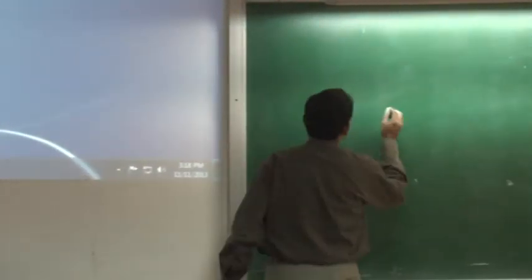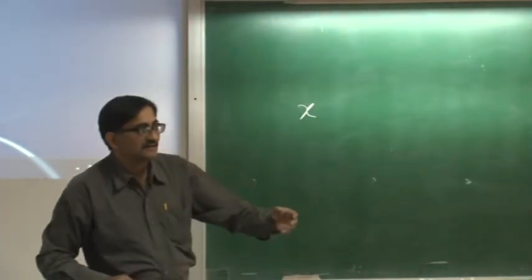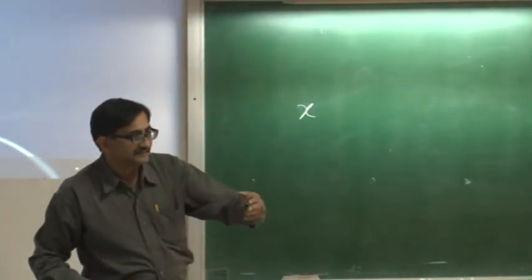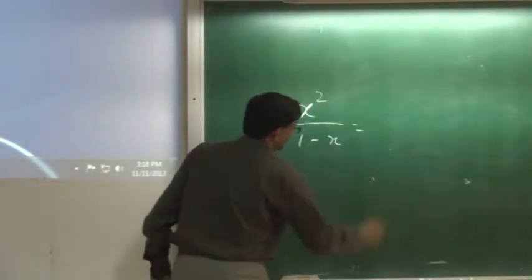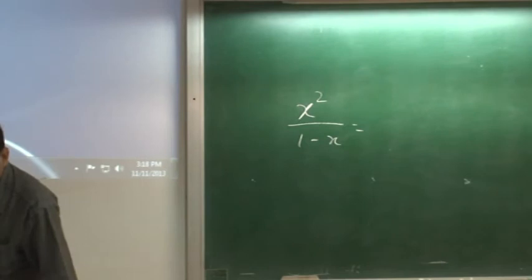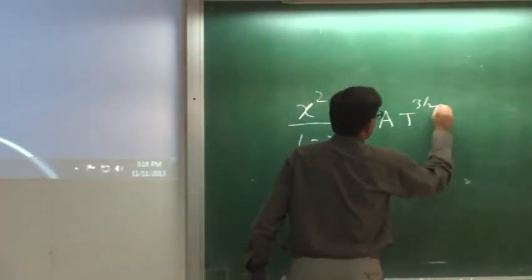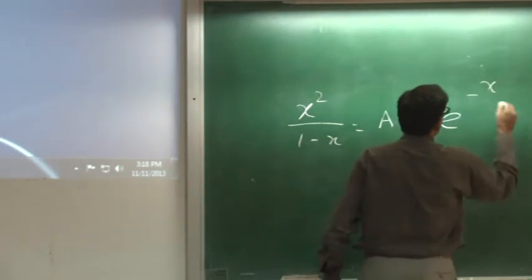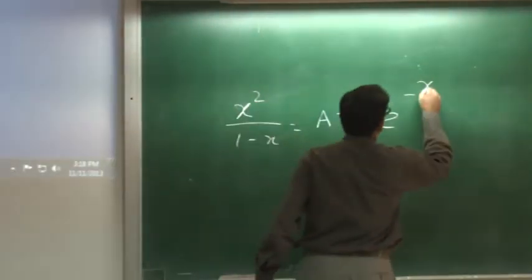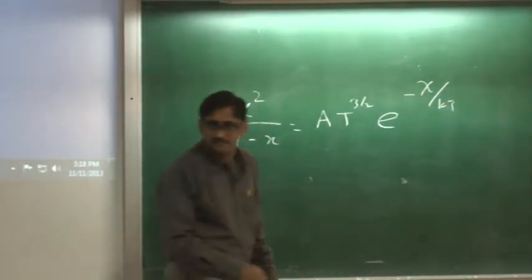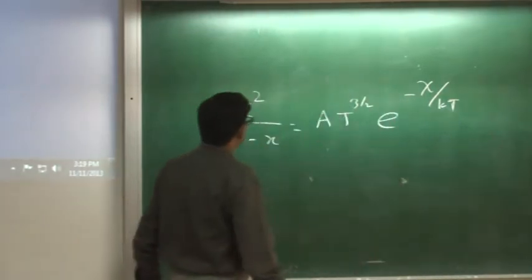Okay, and so that is, suppose I have x as the degree of ionization, then it goes as 1 by x equal to some constant T power 3 by 2 e to the power ionization energy by kT. These are the important things here. Others are all uncommon. Okay. So this is how it goes.